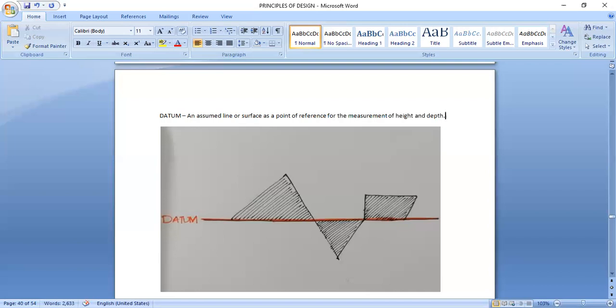Datum is an assumed line or surface which is taken as a point of reference for the measurement of height and depth. It is especially used in architecture. Okay, here you can see this is the datum line.